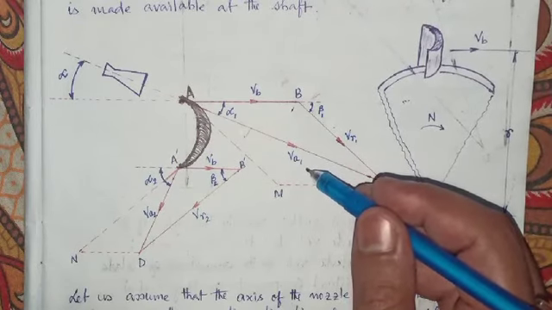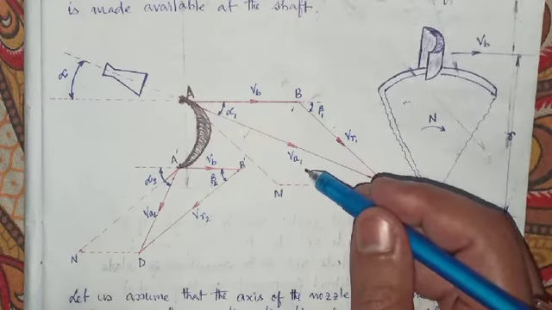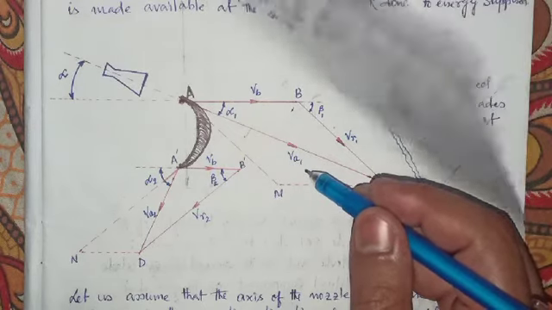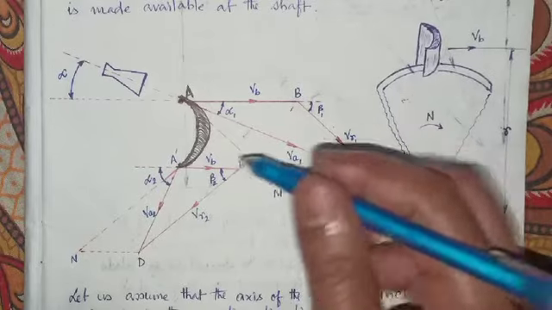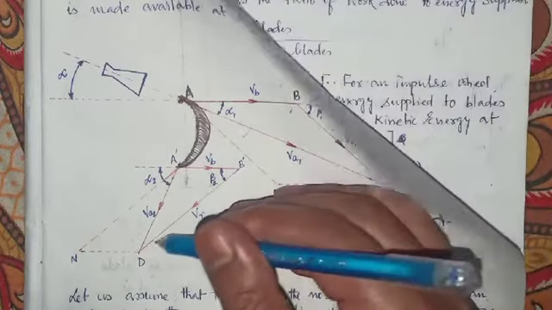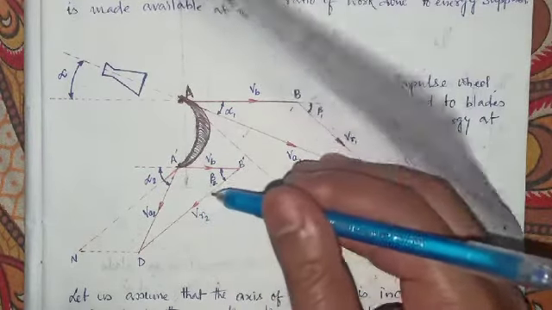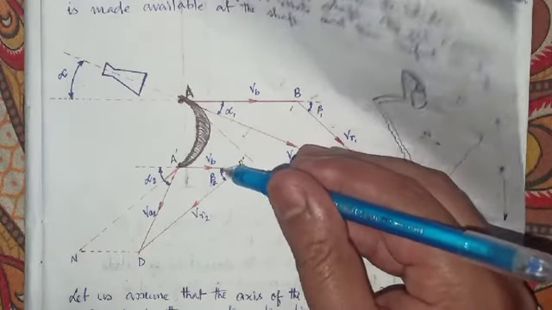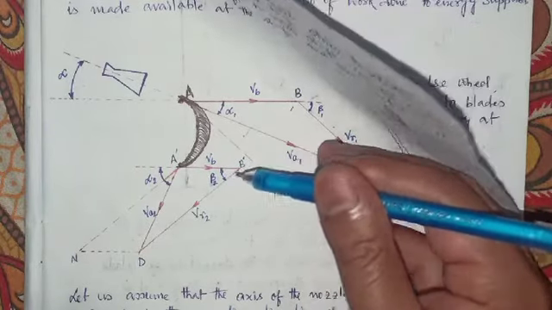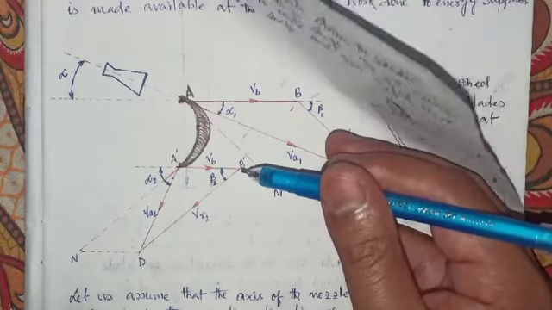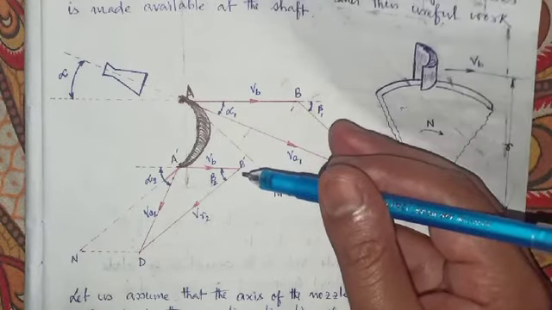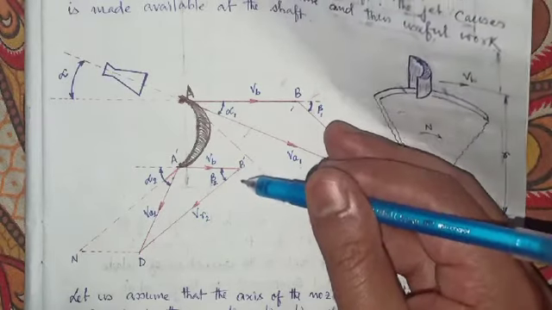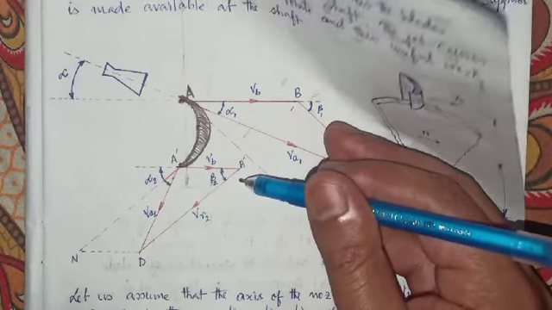Now the direction of the steam jet changes as it passes over the blade. The relative velocity at outlet will be inclined at an angle beta 2 with the plane of rotation. This angle beta 2 is known as the exit angle of the moving blade, like the inlet angle.